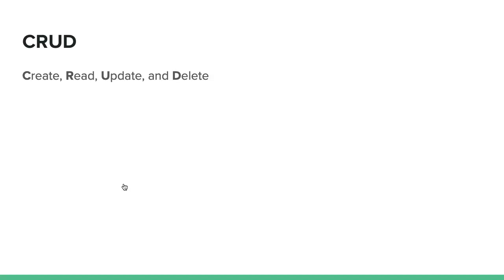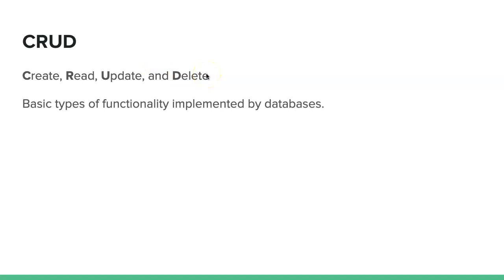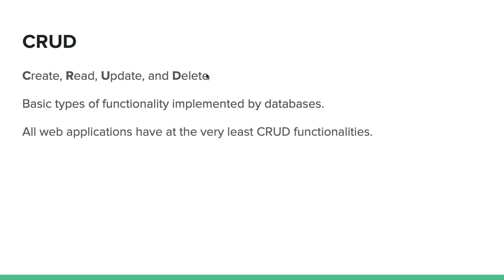We talked about read already a lot, how to search, how to retrieve information. So today we're going to talk about how to create new records, and then on Thursday we're going to talk about update and delete. So these are the basic 4 types of functionality implemented by databases, and all web applications, no matter what web application you use, if you examine them closely, they have these 4 functionalities.